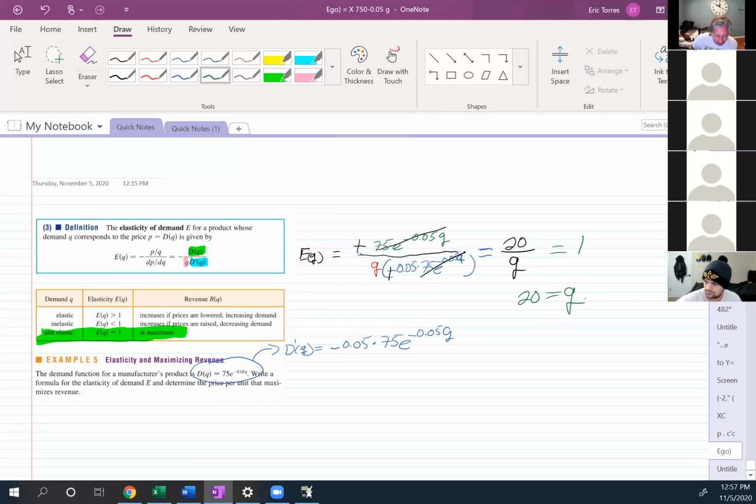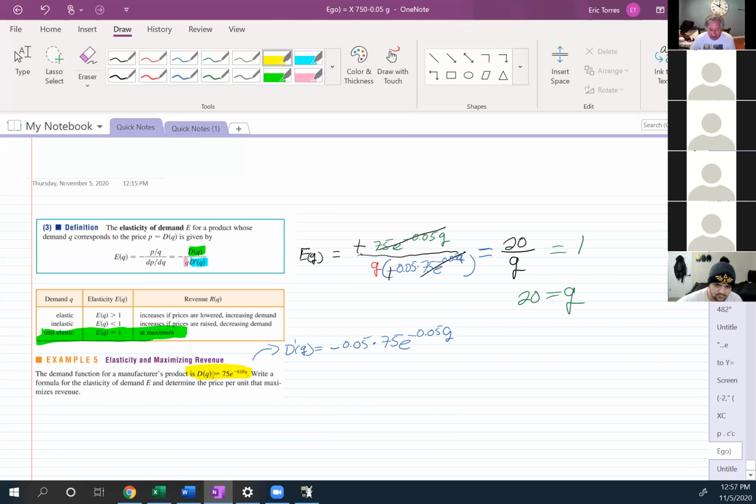And let's see, write a formula and determine elasticity of demand E and determine the price and unit that maximizes revenue. So we've got the unit Q. Now we need to figure out the price, okay? And we have that price function because that's what this function here is. This is my actual price.